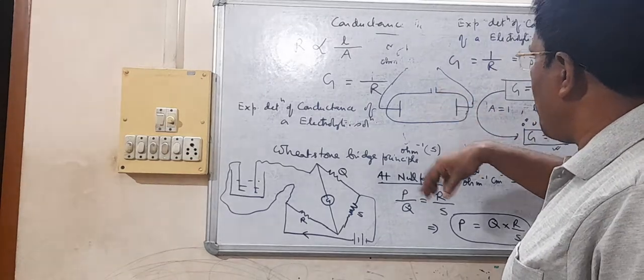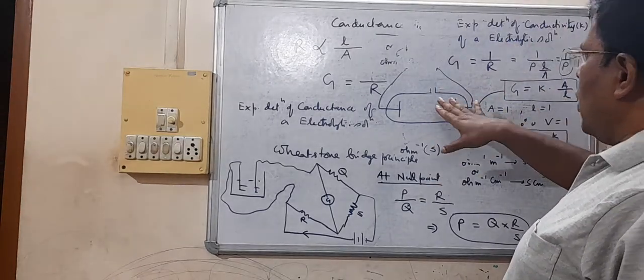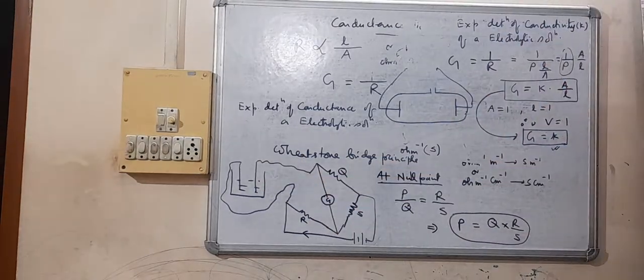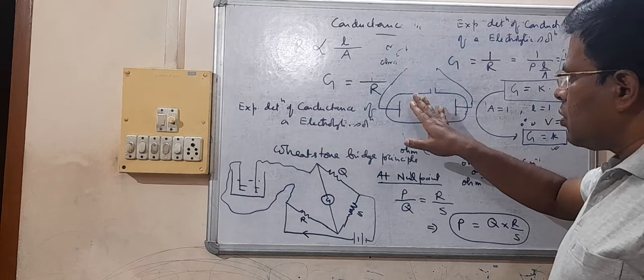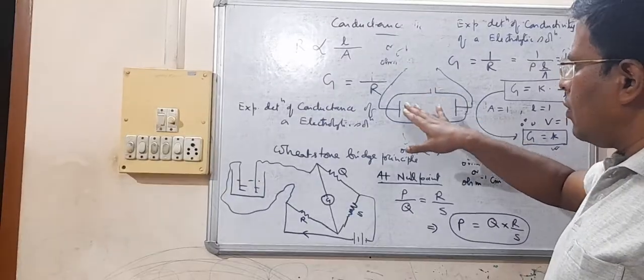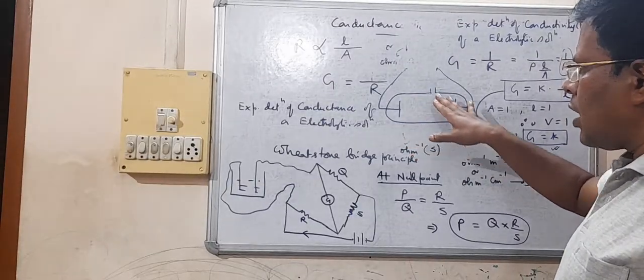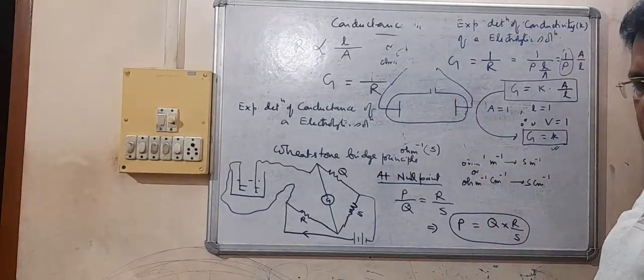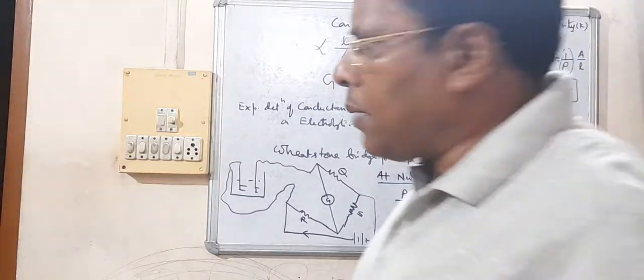We will make it one arm of the Wheatstone bridge, and we will first get the conductance of the solution. So this is step one.